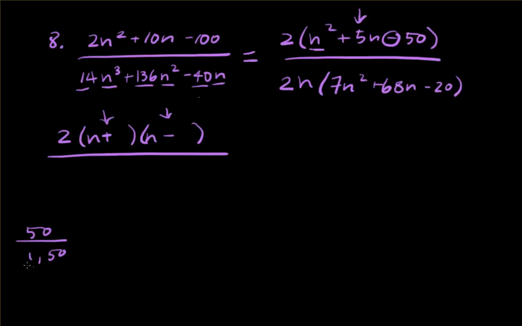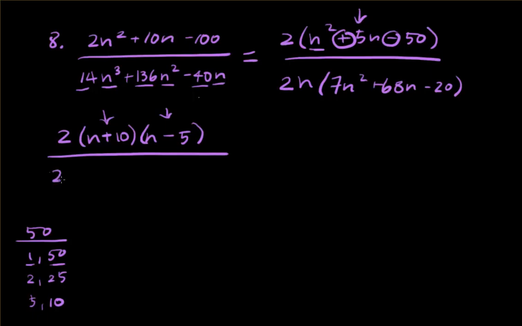Okay, so we have to find some factors that are close together. Okay, 1 and 50 is not going to work. 2 and 25 is not going to work. 3 is not it. 4, that's not it. 5 and 10. Now 5 and 10, that's going to work. Where does the 10 go? 10 goes on the positive and 5 goes on the negative, because we have a positive 5n.